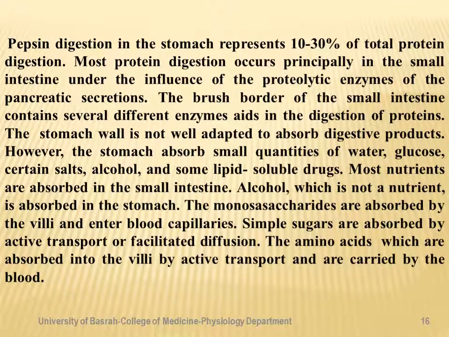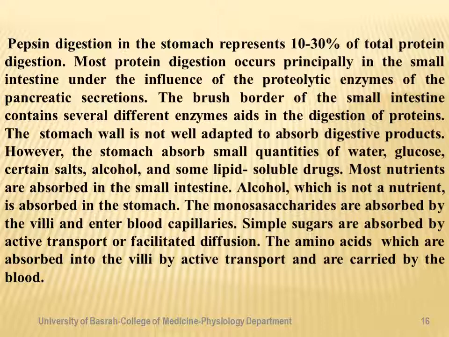As for protein digestion, it occurs through pepsin, the active form of pepsinogen. About 10 to 30% of total protein starts digestion in the stomach and continues by pancreatic proteolytic enzymes and by the enzymes of the brush borders of the small intestine, down to simple amino acids.